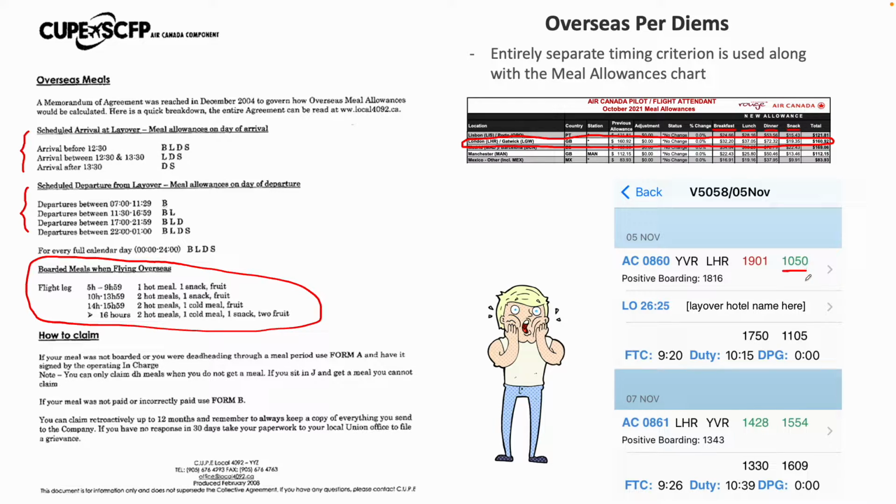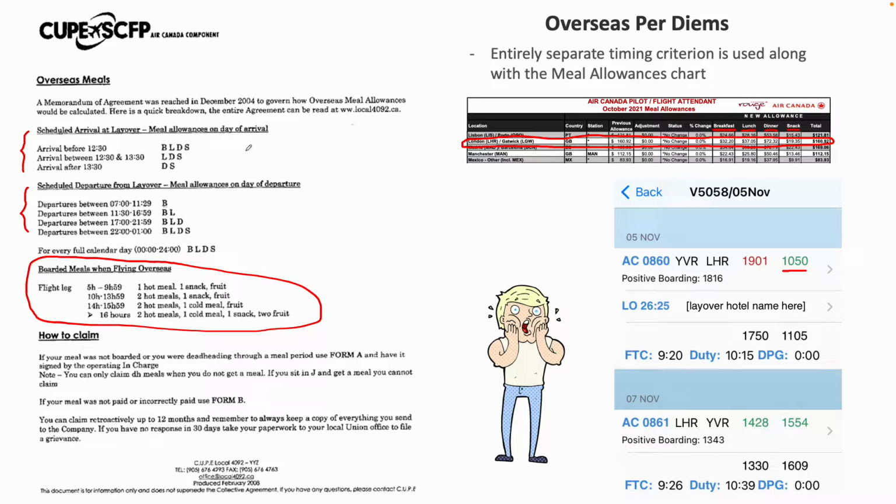Let's use 10:50 a.m. This is, of course, local time, so this is London time. So the arrival time is 10:50 a.m. If we go back over to the left here to the scheduled arrival at layover, meal allowances on day of arrival, there are three conditions presented that tell us which meals we are entitled to.